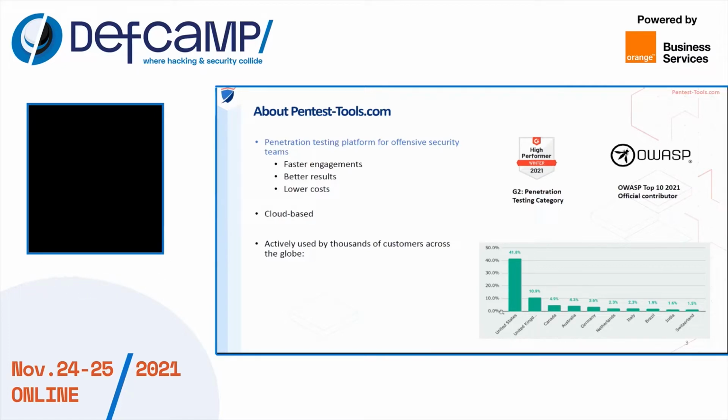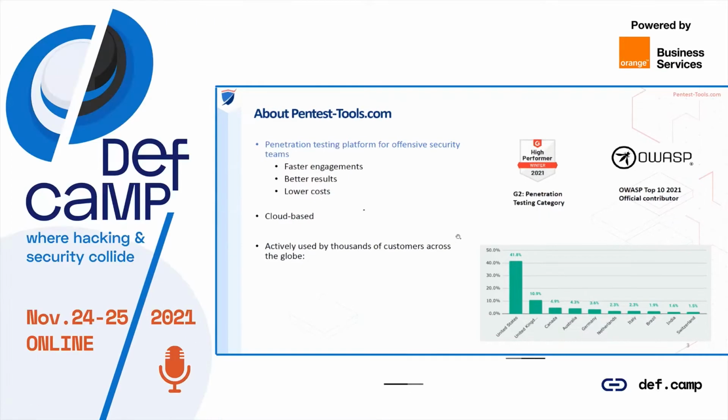Here's a small distribution of the customers that we have from the US, UK, and others. Besides that, we are proud to say that we are an official contributor to the OWASP Top 10 2021. You know that this version has been recently released.